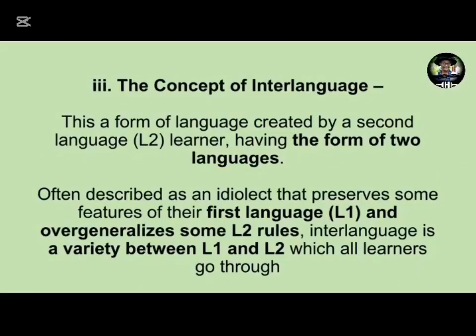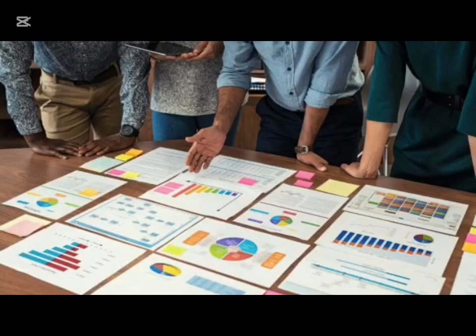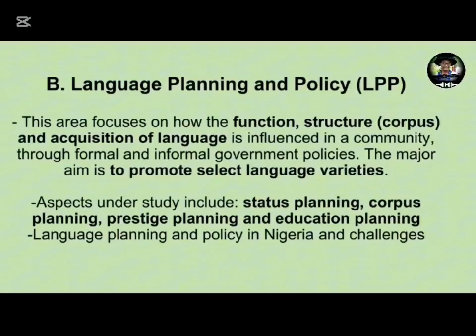Now, moving on from second language acquisition, we'll be looking at language planning and policy, abbreviated as LPP. This area focuses on how the function, the structure, or the corpus and acquisition of language is influenced in a community, either through formal or informal government policies. The major aim here is actually to promote select language varieties.